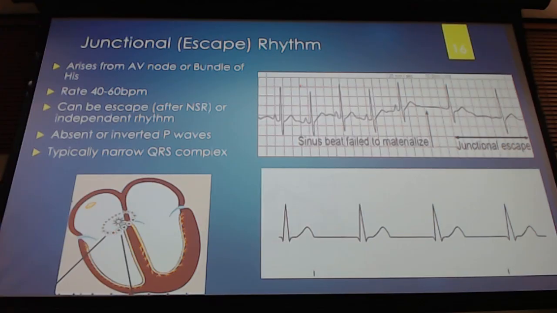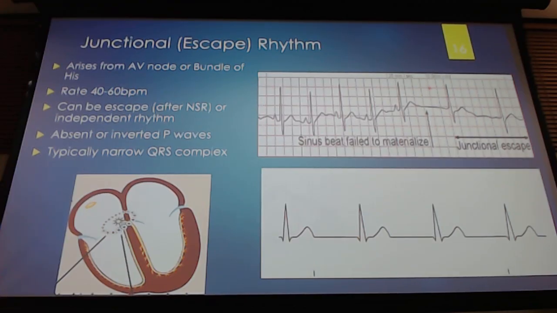So this top strip here, we have PQRST, that looks pretty good. And then all of a sudden, we have a little bit of a delay. If we were to measure these out, we would think that we would get a PQRST about right here, but it didn't happen. The SA node didn't fire for some reason. The heart says, no problem, I'm going to fire.